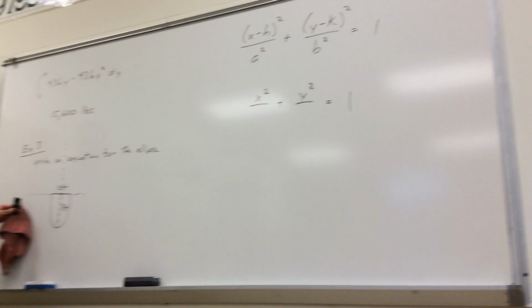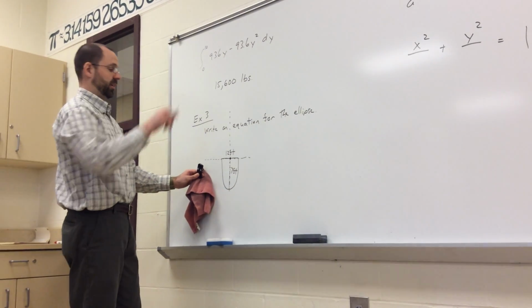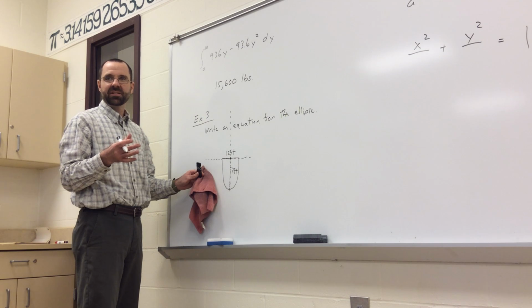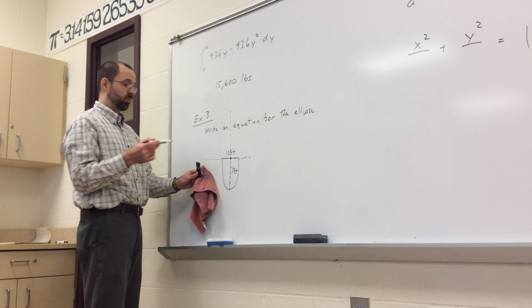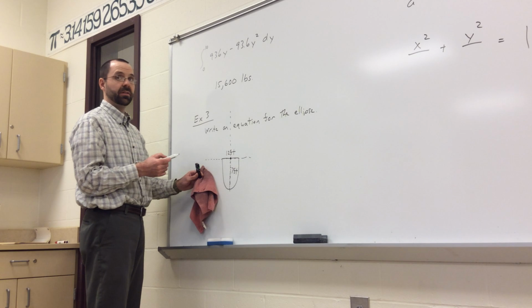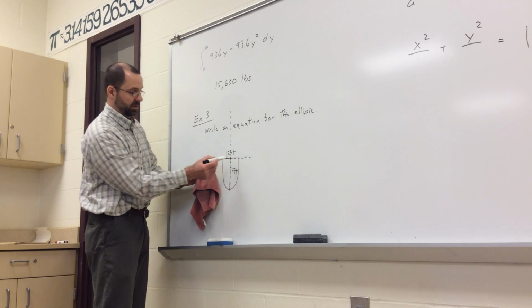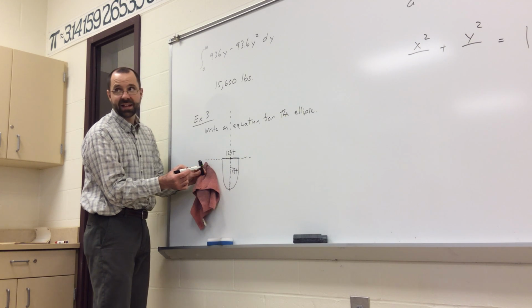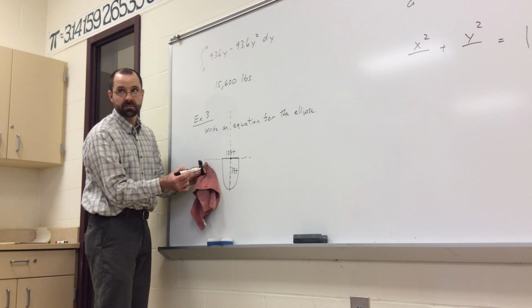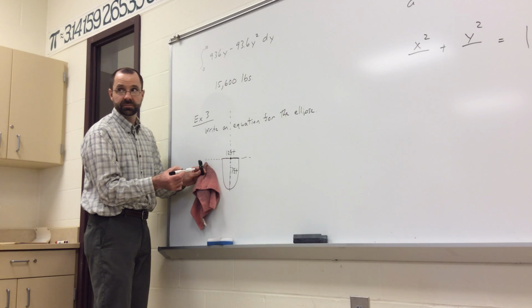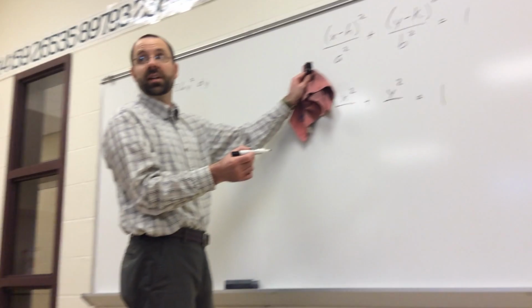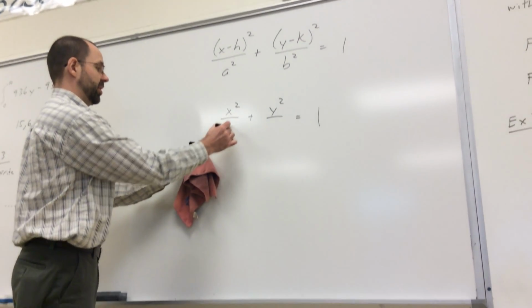Now the A over there represents kind of like a radius, but not exactly a radius. It represents the radius in the x direction. So the radius in the x direction is here, and that's 6, right? Half of the 12. So that means the A over here is 6, so this is 36.